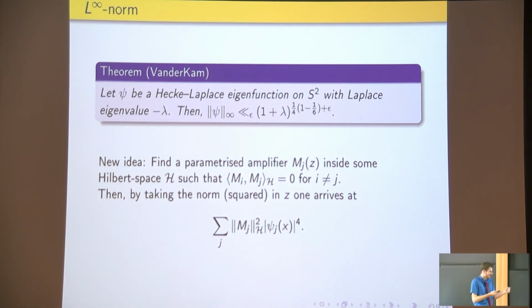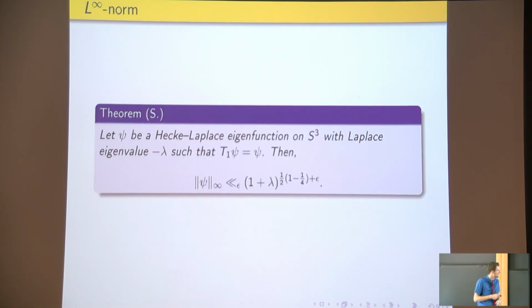And so the question is, what can you prove? Turns out if you look at the geometric expression, there's some cancellation going on on S2, which I can't quite grasp, but if you go up one dimension higher to S3, the same sort of techniques work, and I managed to prove the following result, that the supremum norm is bounded by lambda to the 3 over 8.